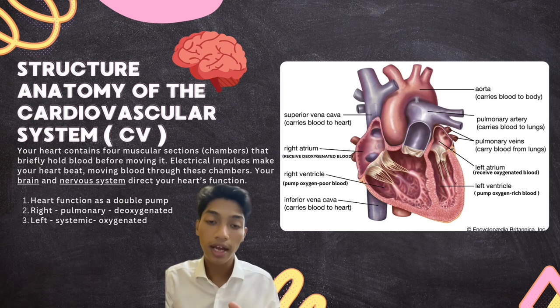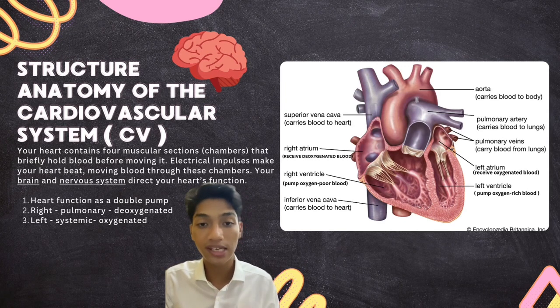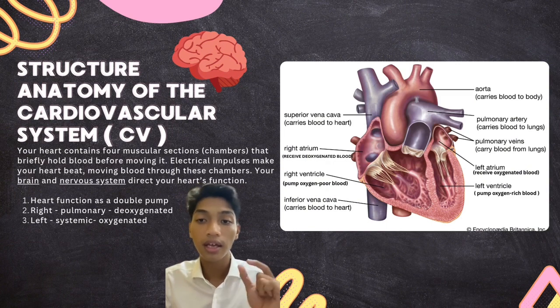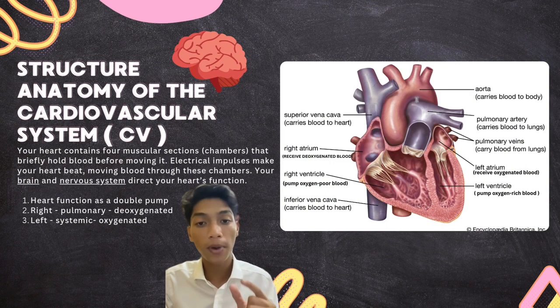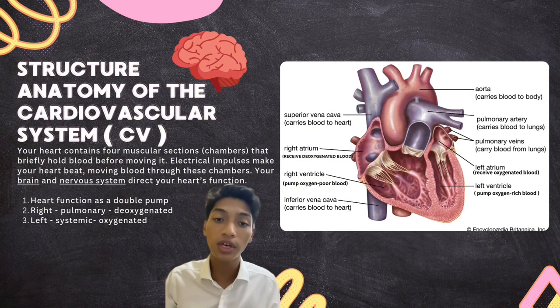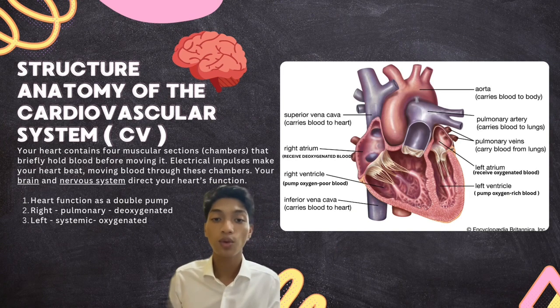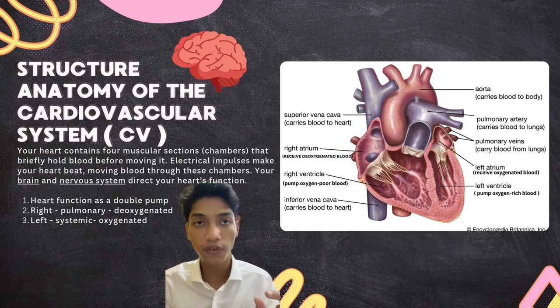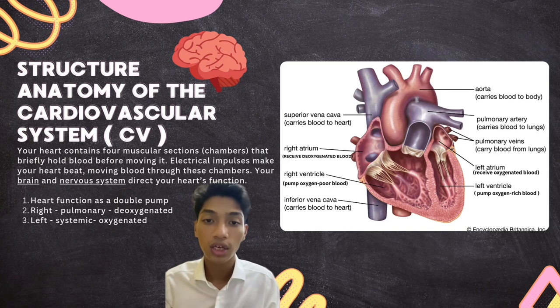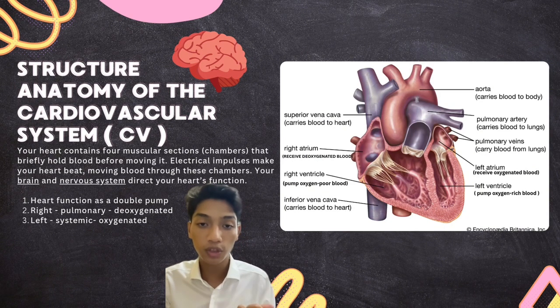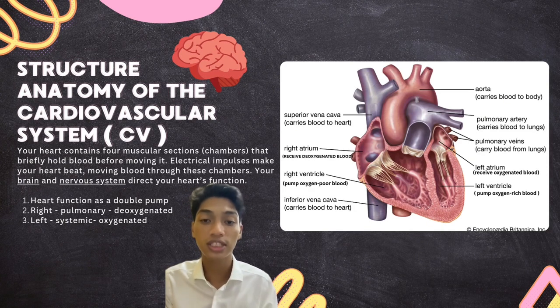Next, the right atrium receives the deoxygenated blood, and the right ventricle pumps the deoxygenated blood to the pulmonary artery. The pulmonary artery receives it and brings it to the lungs. After the exchange from deoxygenated blood to oxygenated blood, it goes back through the pulmonary vein, which carries the oxygenated blood.